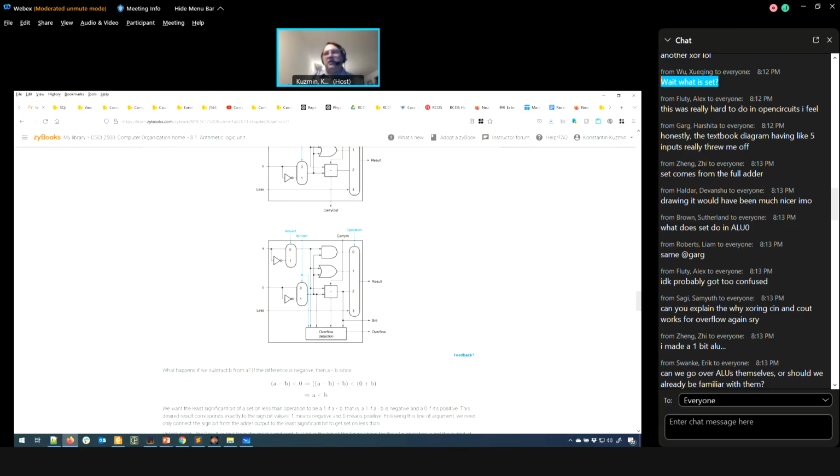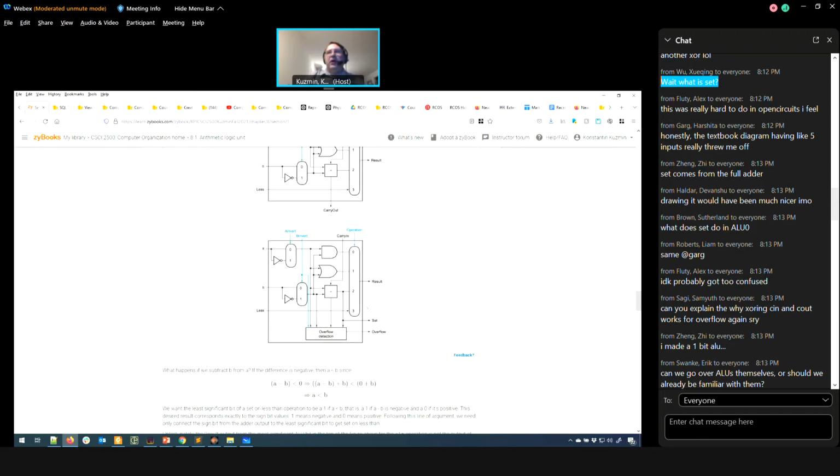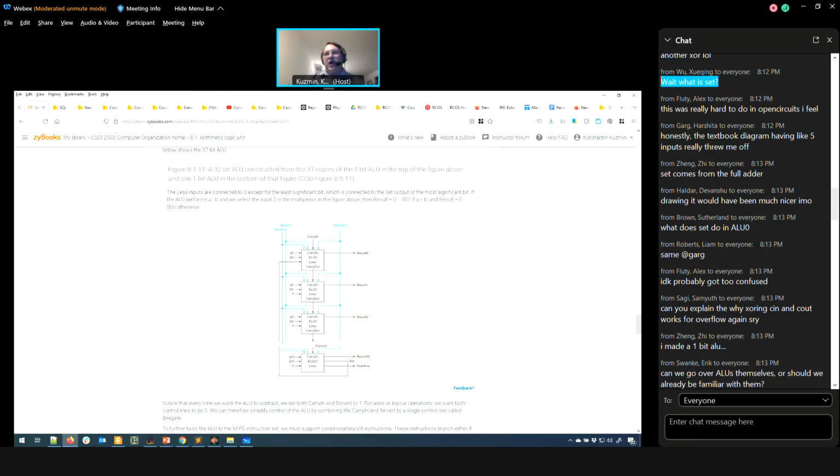And we can see that, yes, indeed, set is just the most significant bit. This is the MSB, right? So this is a 1-bit ALU for the MSB. This is a 1-bit ALU for all other bits. So we only need to know the sign of the result, which is the most significant bit. And this is exactly the set signal right here. Okay, and then we route it to the less input of the least significant ALU. Okay, is that making sense?